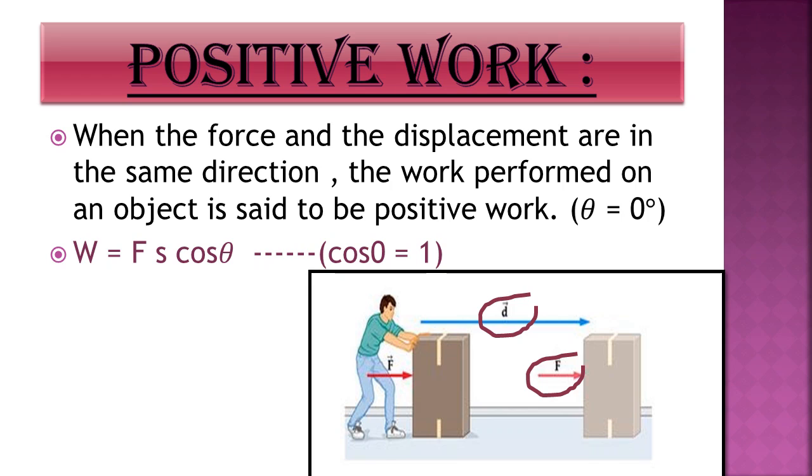If we put the value of theta as 0, cos 0 is equal to 1. We know this from trigonometric ratios. So we get W = F into S. So in this condition, work done is positive.